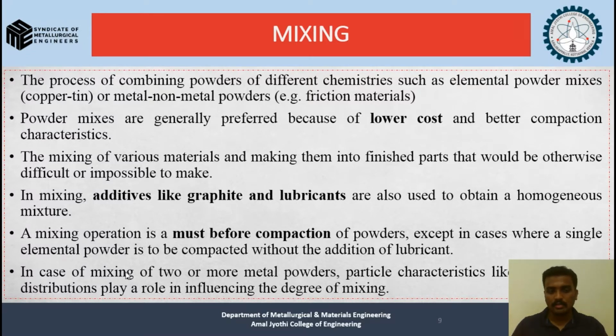And in the case of mixing of two or more metal powders, particle characteristics like size and size distribution play an important role in influencing the degree of mixing. So the degree of mixing is dependent upon particle characteristics like particle size and size distribution.